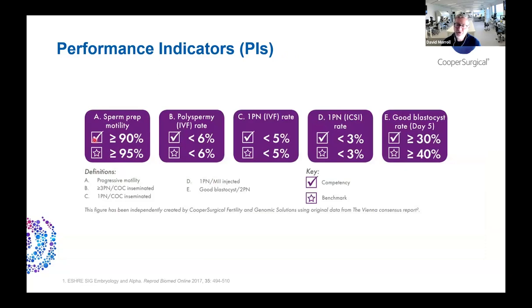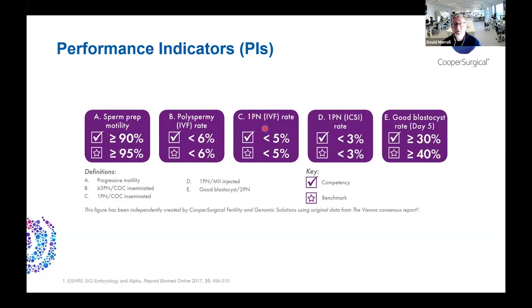And you can see there's a competence value that's shown by the tick and a benchmark value shown by the star. This is what you should be getting, and this is what you should be aspiring to. So you could see it for sperm prep motility, polyspermy after IVF, and you can see the figures are the same there.